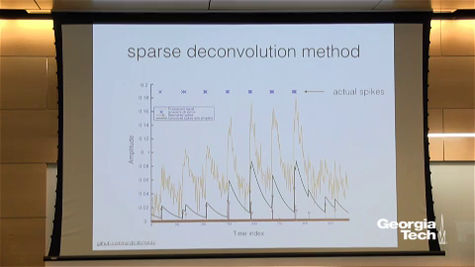In green are the recovered calcium transients after deconvolution, and in red are the individual spikes that we've inferred using this algorithm. We find really nice agreement between the spikes that we infer and the actual spikes recorded with electrophysiology.